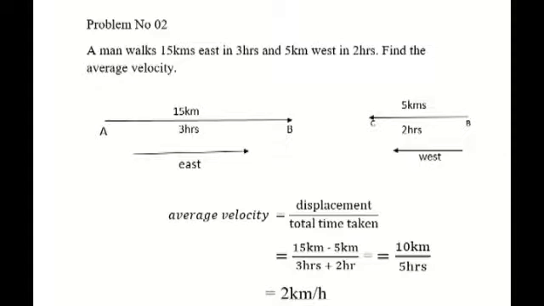Therefore, we have to subtract the distances traveled. We know that average velocity equals displacement by total time taken. That is 15 kilometers minus 5 kilometers by 3 hours plus 2 hours. This equals 10 kilometers by 5 hours. So the average velocity equals 2 kilometers per hour.